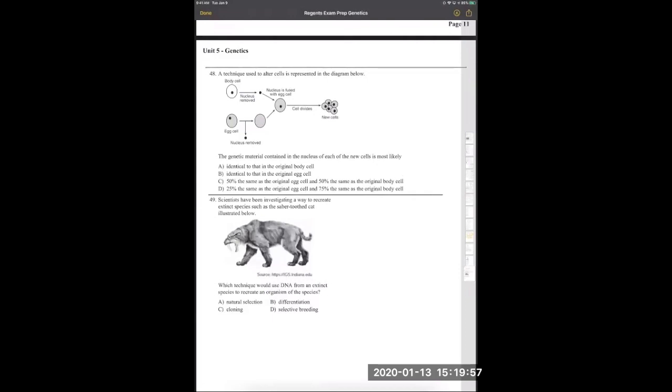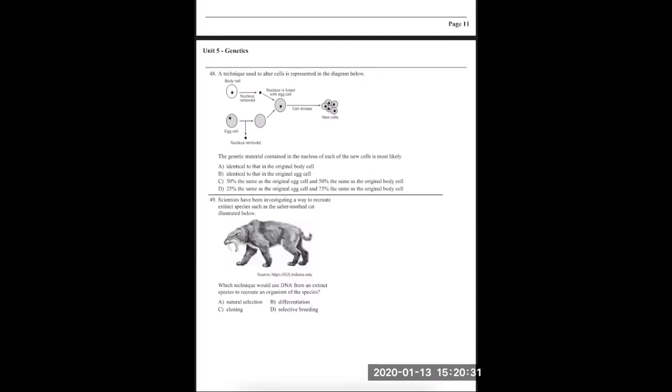A technique used to alter cells is represented in the diagram below. Wow, that's interesting. I have no clue what's happening here, so I'm going to learn with you. The genetic material contained in the nucleus of each of the new cells is most likely identical to that in the original body cell. Identical to that in the original egg cell?